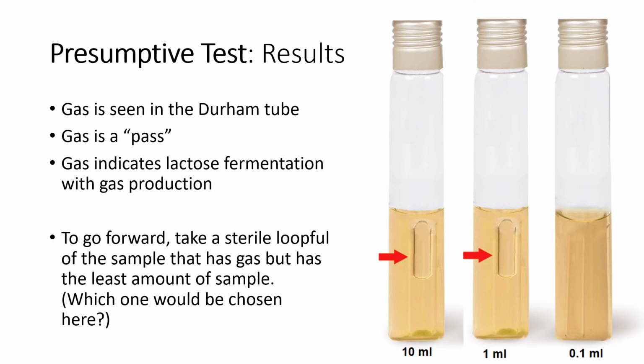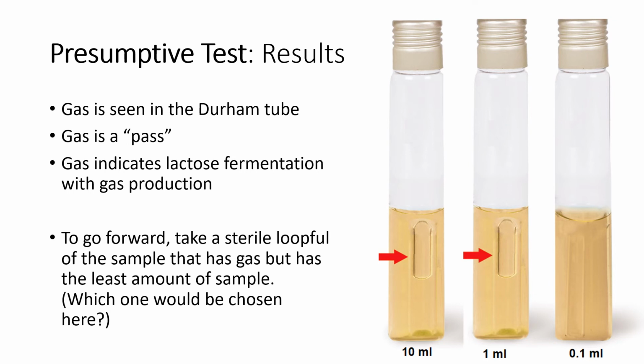Other people come in and they do this and, oh, I have gas. I think I may have feces in my water. I can't know for sure yet, though. This is a 1 of 3-part test. We would go forward only with tubes that have gas in them.